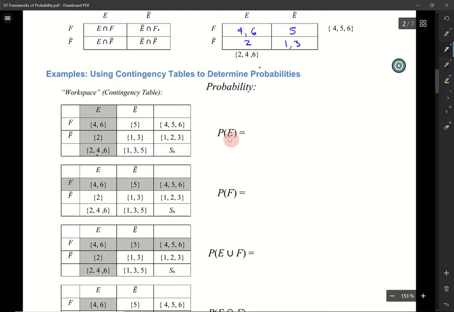So how do we compute it? It's a fraction, and so there's a numerator and a denominator. So to do the fraction, you have to compute the numerator, and then you have to compute the denominator.